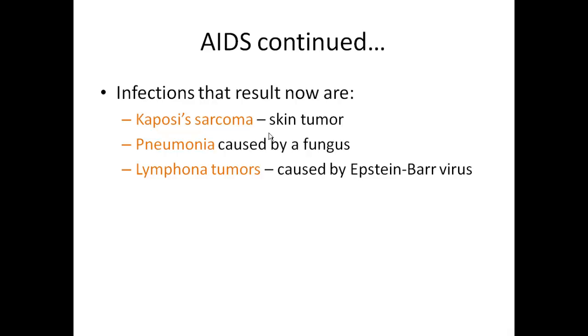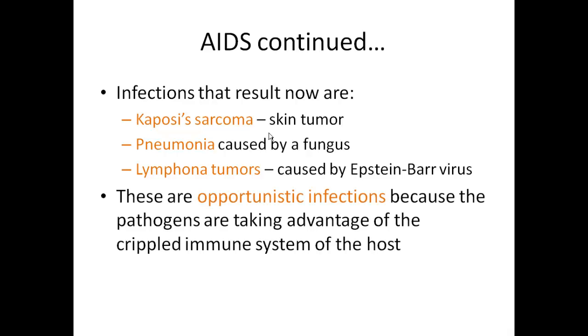Infections that they could get now are Kaposi's sarcoma, which is a skin tumor, pneumonia, which is caused by a fungus, and lymphoma tumors, which are caused by Epstein-Barr virus. These infections are called opportunistic infections because the pathogens are taking advantage of the crippled immune system of the host.